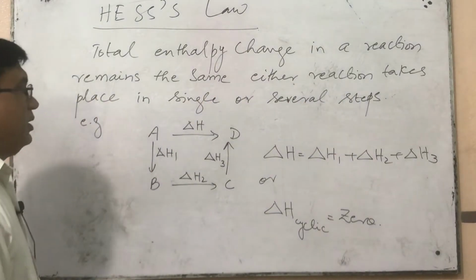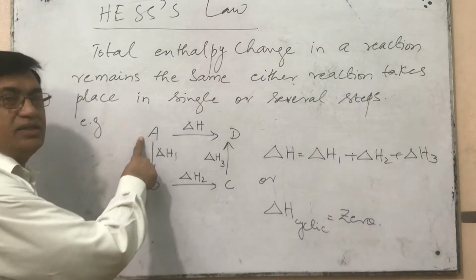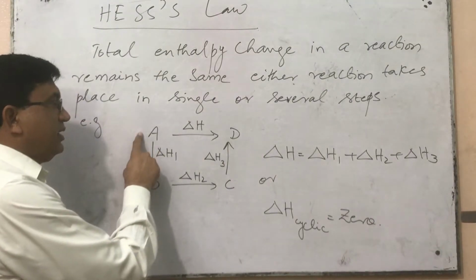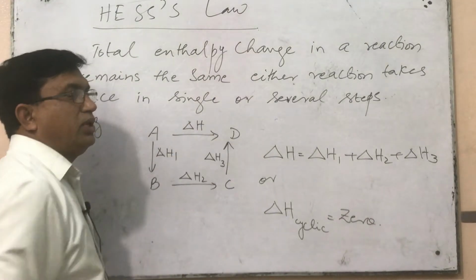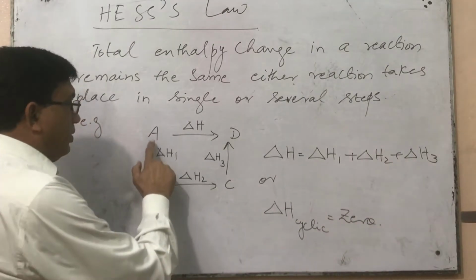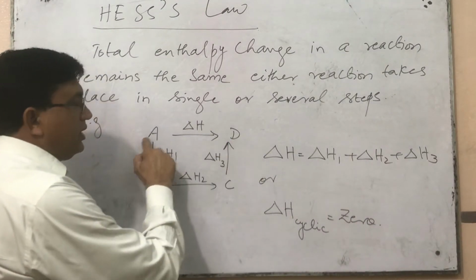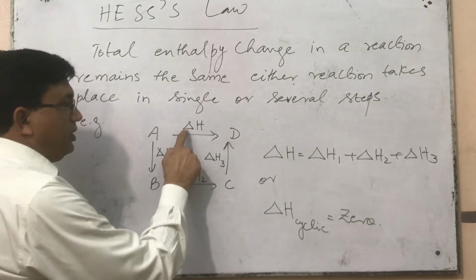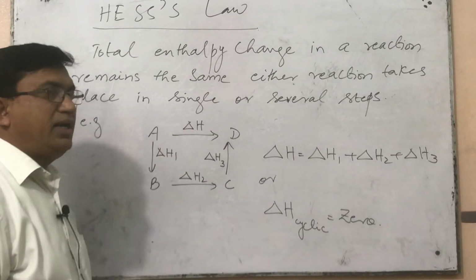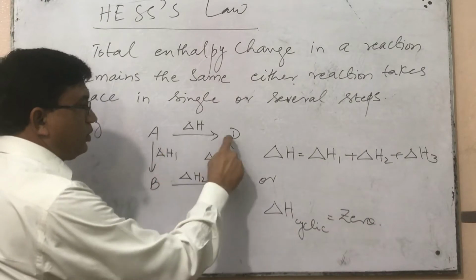For example, if we consider that A is a reactant and reactant A has to be converted into product D. Now, this A can be directly converted into D, and during this, the enthalpy change will be considered as delta H1. This is a direct route.